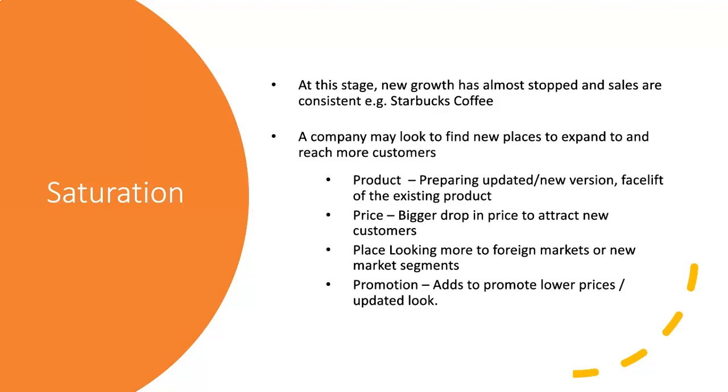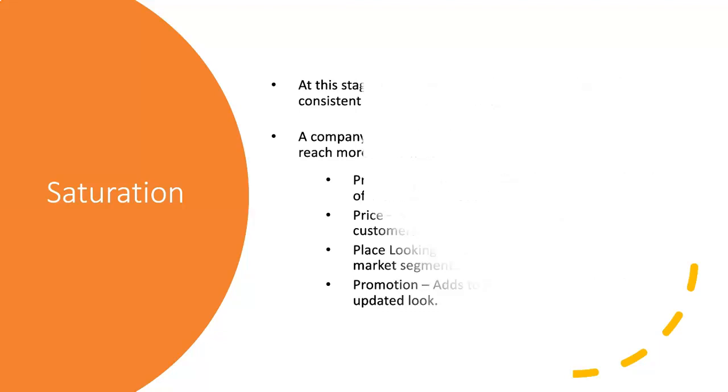Price. Bigger drop in price to attract new customers. Place, looking more to foreign markets or new market segments. Promotion. Ads to promote lower prices and updated look. So that's the main stage of how to manage saturation in the product life cycle. Let's move on to the next stage.